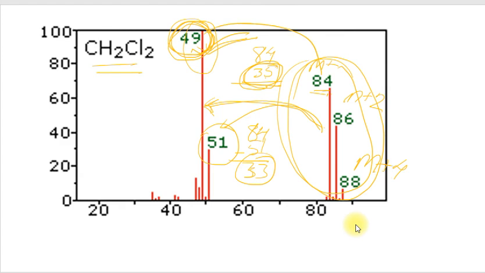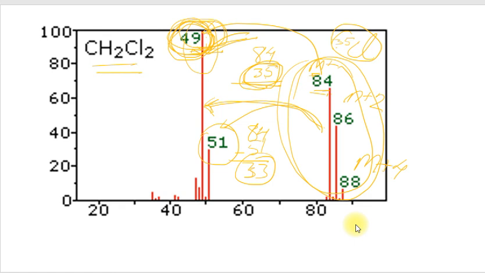From 84 to 49, the M plus peak has been obtained by taking the isotope 35 into calculation. So when this chlorine 35 is lost, you get the base peak of 49. Like that you can calculate.